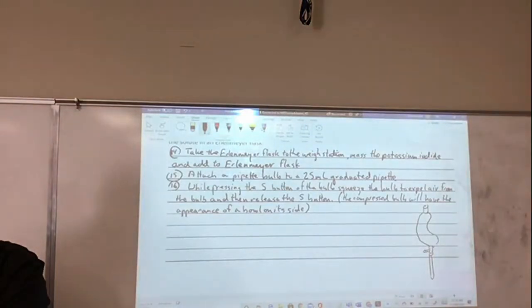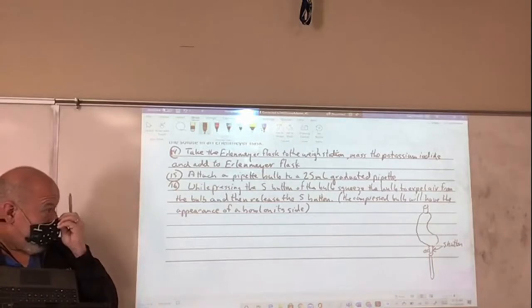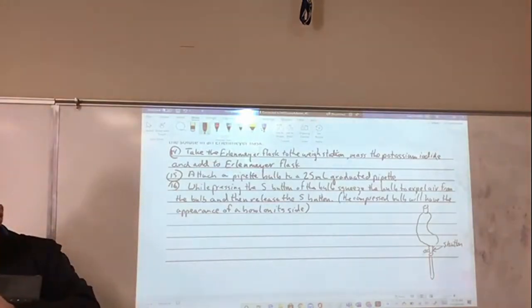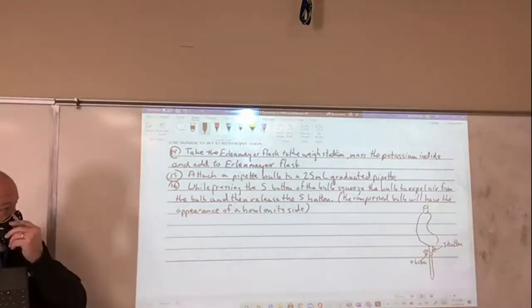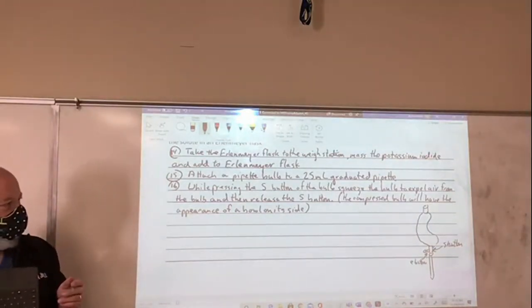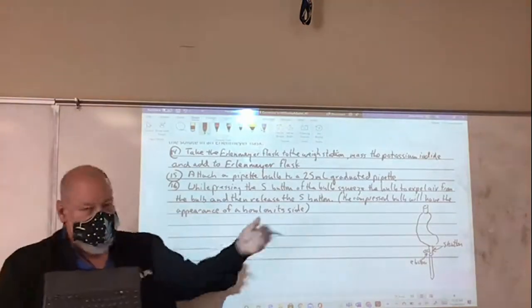If you wanted, you could even put a little arrow there to say S button. If you wanted, you could even put a little arrow here that says E button. Okay, and these are not things that you have to do or don't have to do, but they are things that you can do to try and make things better. I think that's a nice little addition, though.